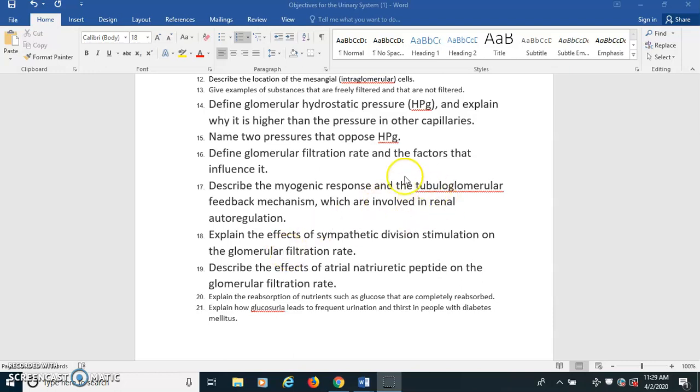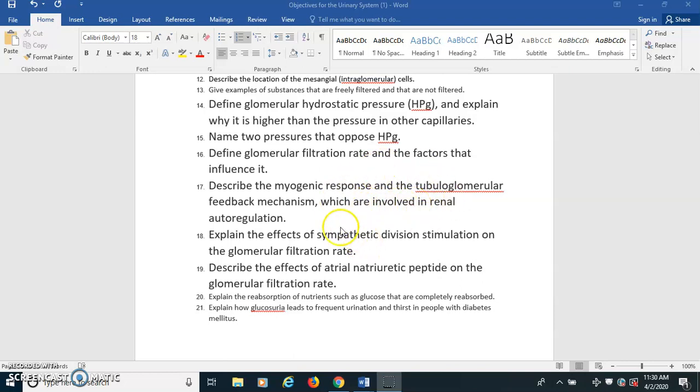But sometimes these two only worked when we had a normal homeostatic range in our blood pressure. The numbers they used were for mean arterial pressure. Anything between 80 and 180 was the mean arterial pressure where these mechanisms would generally be sufficient to maintain glomerular filtration rate at its normal level.